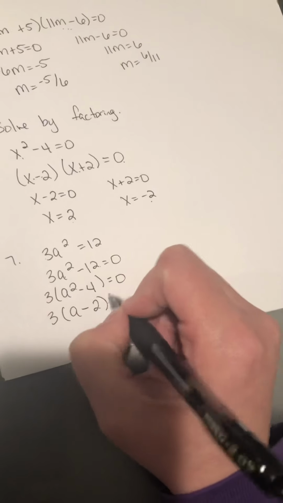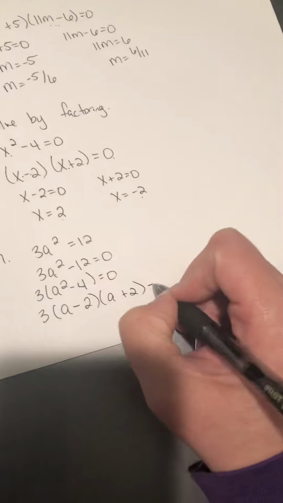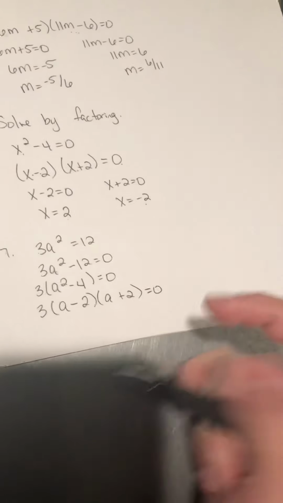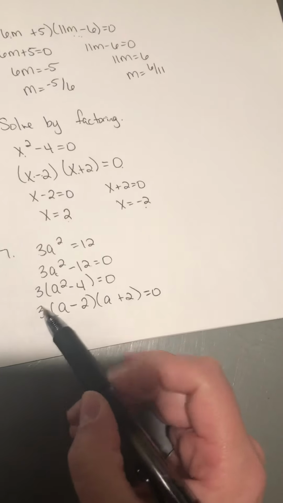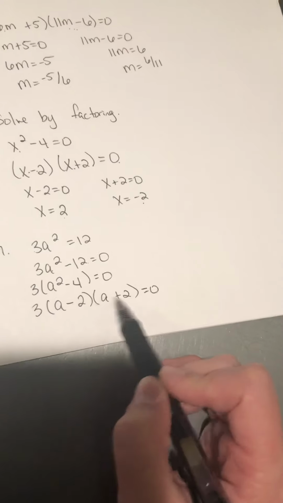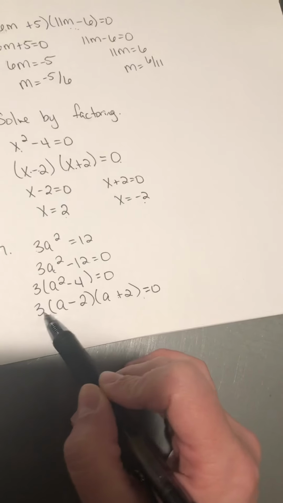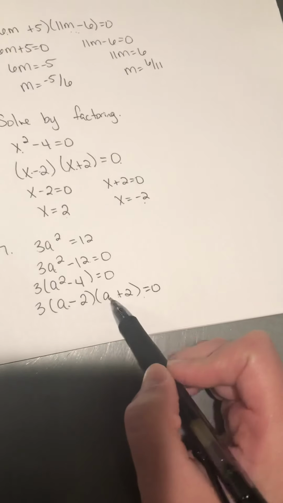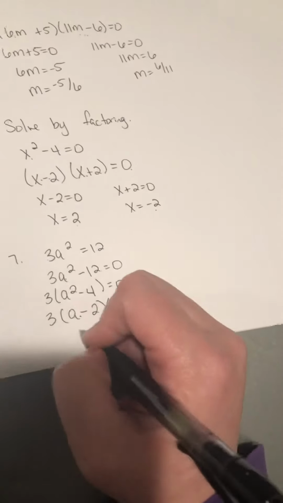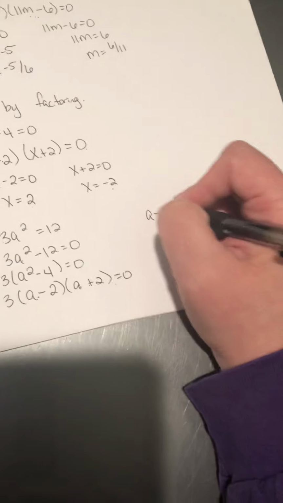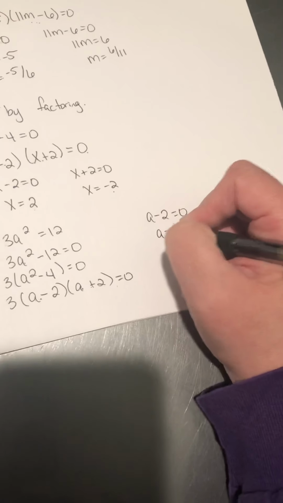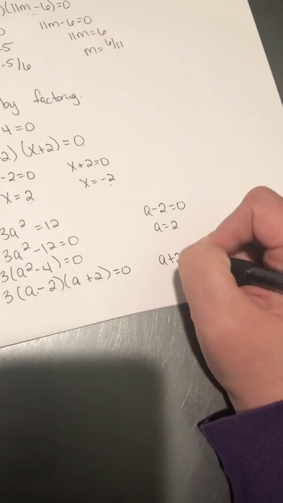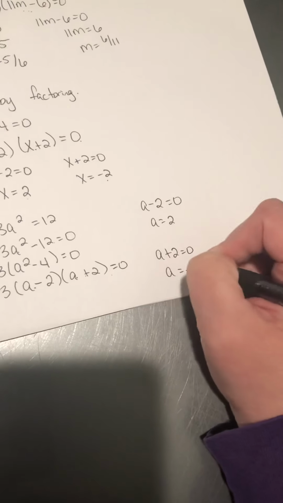So this is a minus 2, a plus 2 is equal to 0. Again I have the product of 3 things now that's equal to 0, but the first one, if it's a number, can't be 0. So then this has to be 0 or this has to be 0. We'll get the same answer: a is equal to either positive 2 or a is equal to -2.